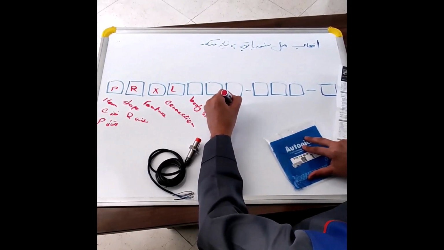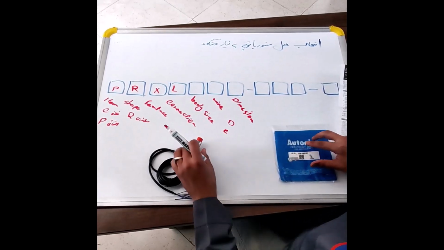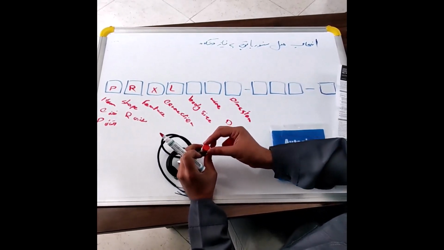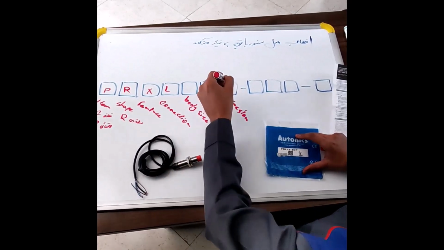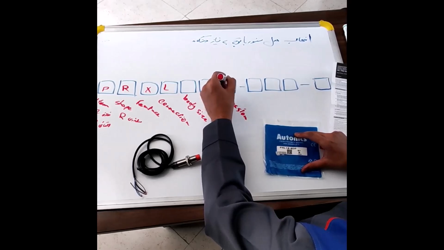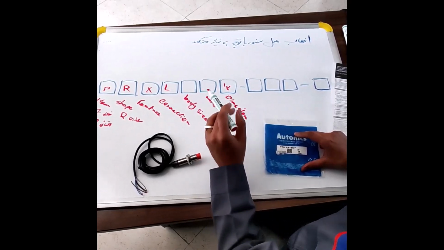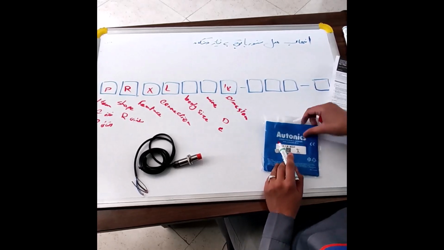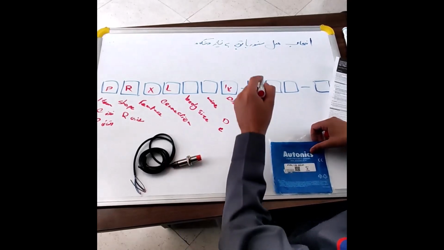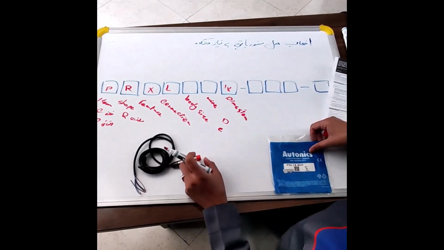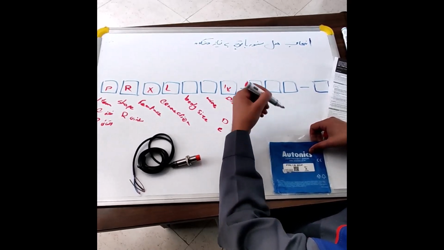The seventh square is the diameter. Here it shows the diameter of the sensor opening, which is displayed as 18 for this sensor. These diameters are available in different types. This sensor has an opening diameter of 18 millimeter.